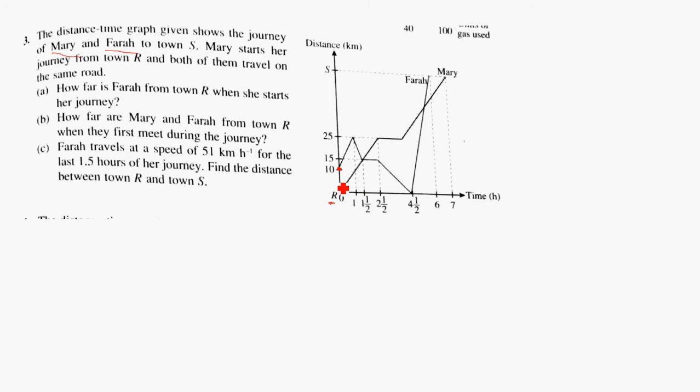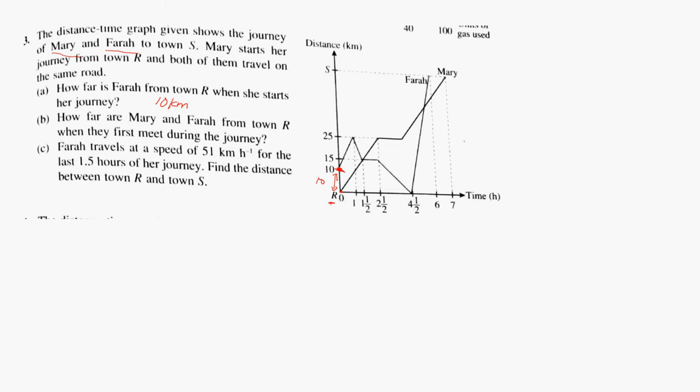That's what I was talking about just now. This is R, let's say R is 0 kilometer. The distance based on R is 0 kilometer. Farah starts from here and the distance is 10. So for question A, the answer is 10 kilometer.